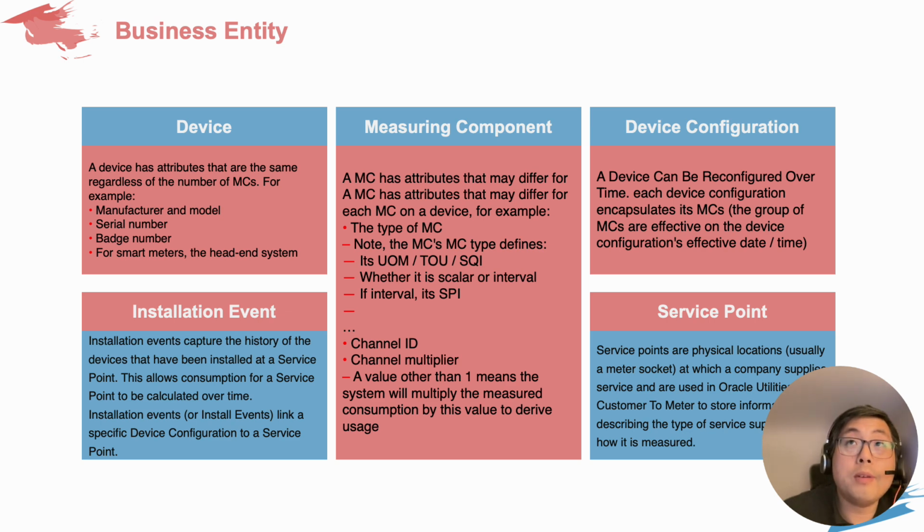The reason is that the device configuration type can indicate which measuring component types it can be linked to. So if you have a half-hourly device configuration type, that will define the allowable measuring component types it links to.